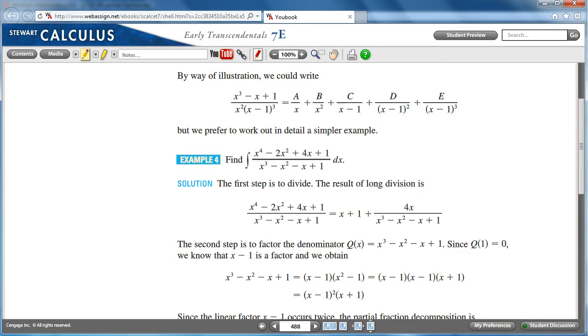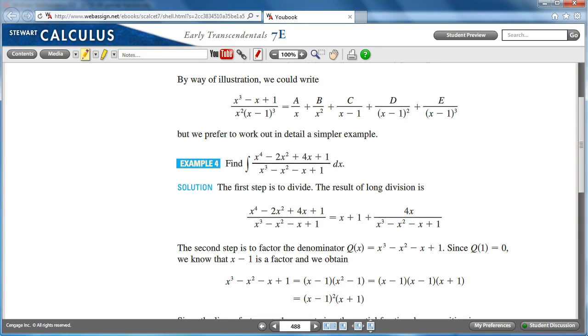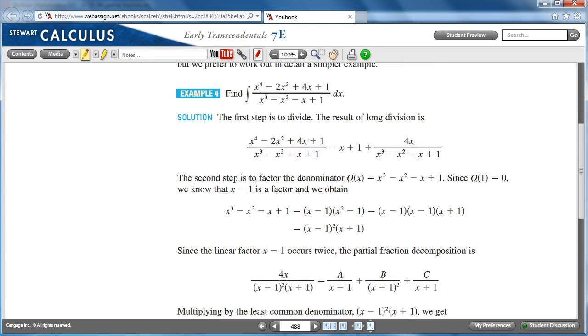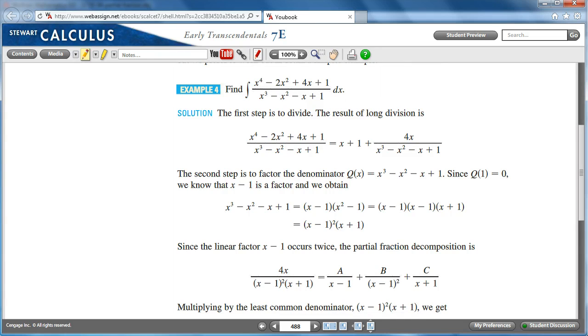Here's a little bit simpler example, but this one is already complicated. X cubed minus x squared minus x plus 1 is the denominator, and this one is not a trinomial, so it's far more complicated, far more difficult to factor. Here in this textbook, our textbook author decided to use the factor theorem.